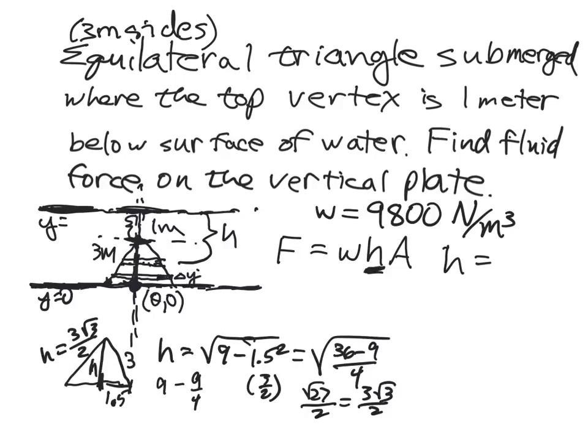So the total depth, the depth down to the bottom of the triangle, is going to be 1 plus that. Like I said, we're using h too many different ways.